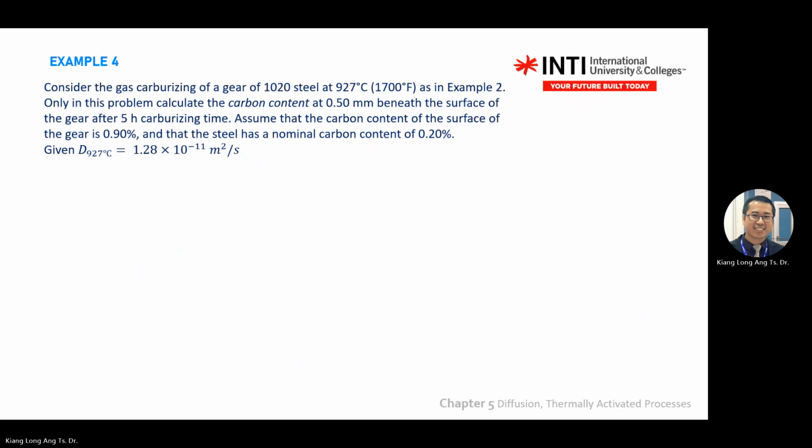Example 4. Carburization again. Let's draw carbon. Temperature 927. Carbon content 0.5 mm beneath the surface after 5 hours. Calculate the carbon content. You don't know what is the carbon concentration Cx.